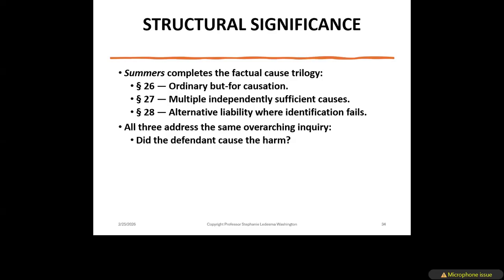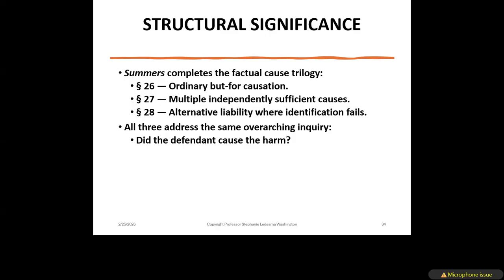Once causation is established, whether directly, structurally, or procedurally, the negligence liability analysis moves forward. And what's the next question? The next question is whether the defendant, now that they're causally linked to the harm, should be held legally responsible for the harm.